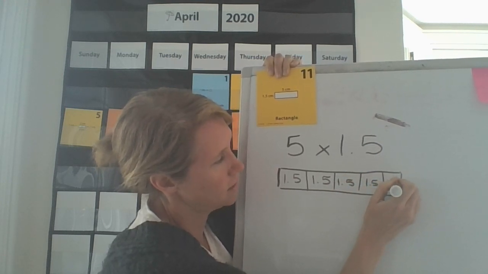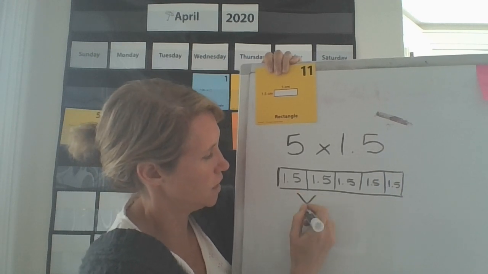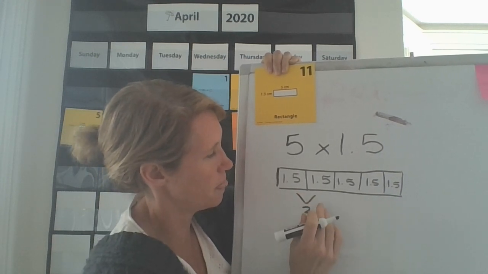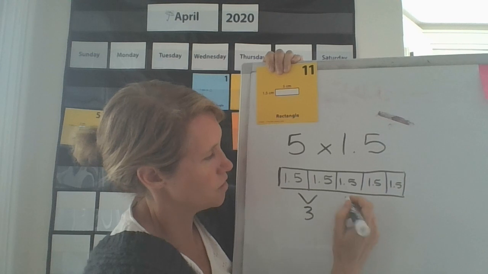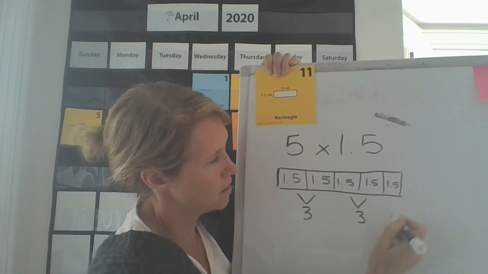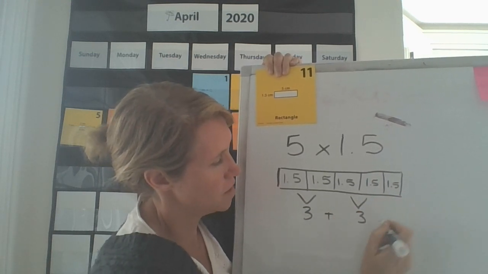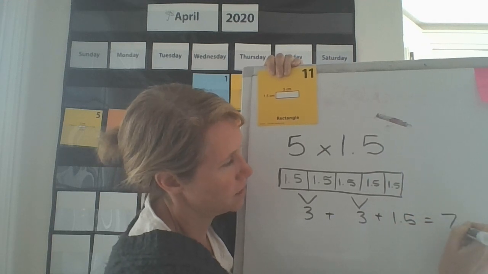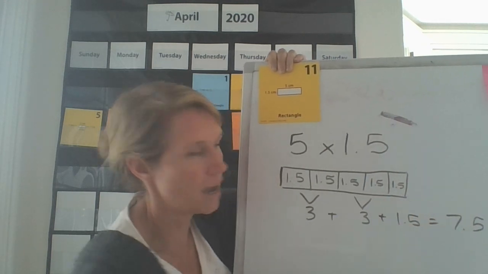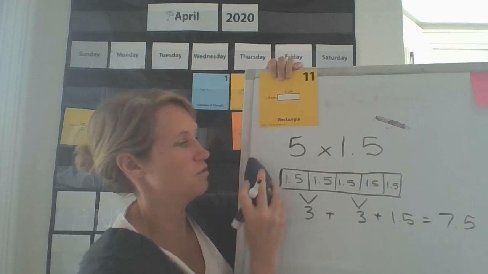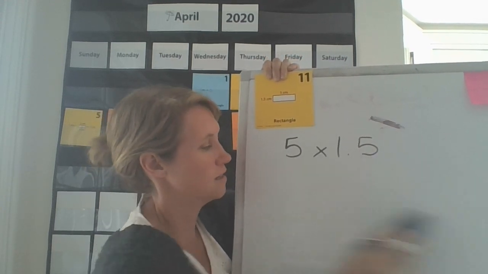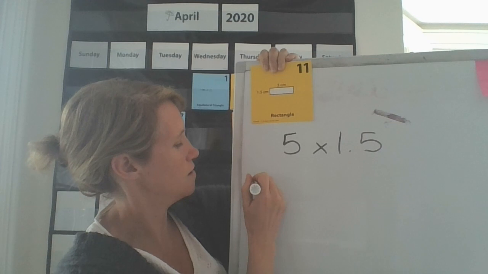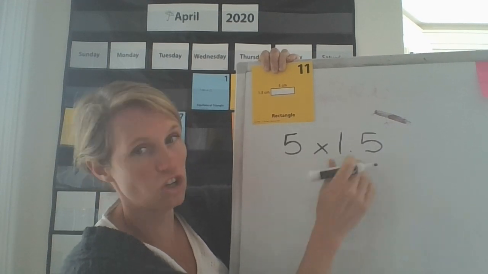And then add it simply together. I could say 3, 3, and then 1.5. My area getting me to 7.5.